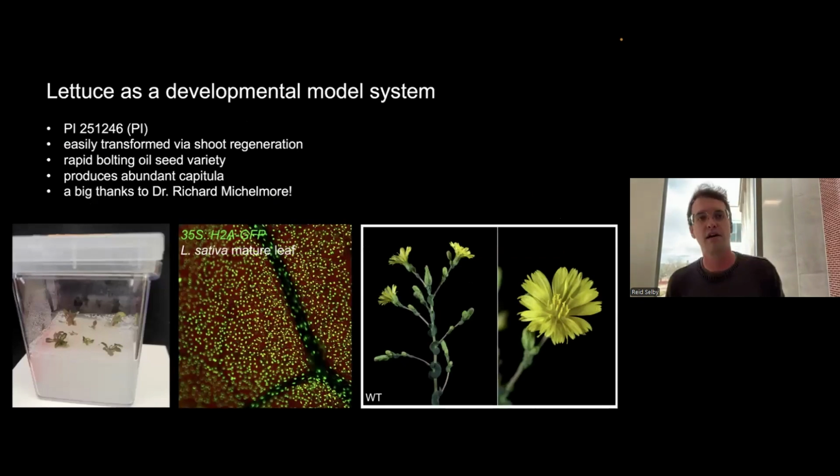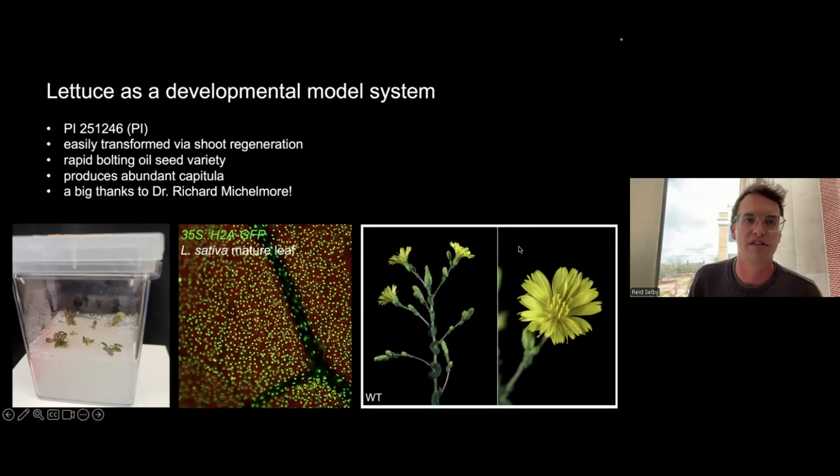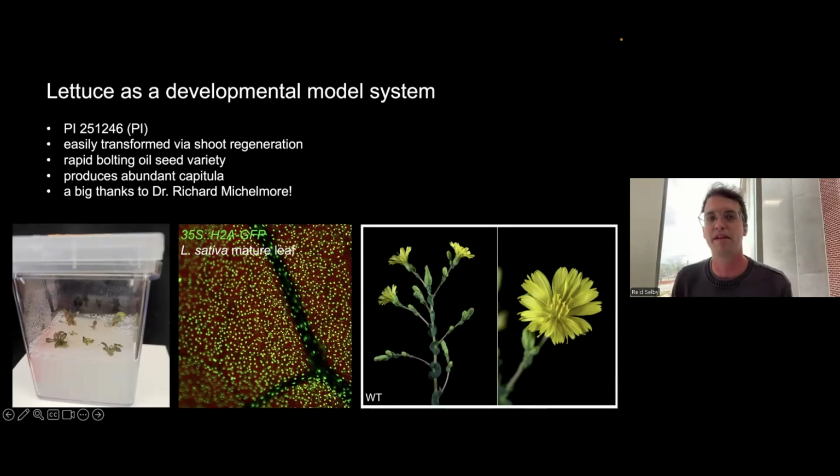And so to do that, we have assembled a genome for a cultivar of lettuce that we've been using as a model system. This lettuce cultivar is easily transformed via shoot regeneration and tissue culture here. It expresses transgenes fairly readily, as you can see from this 35S promoter driving GFP expression.